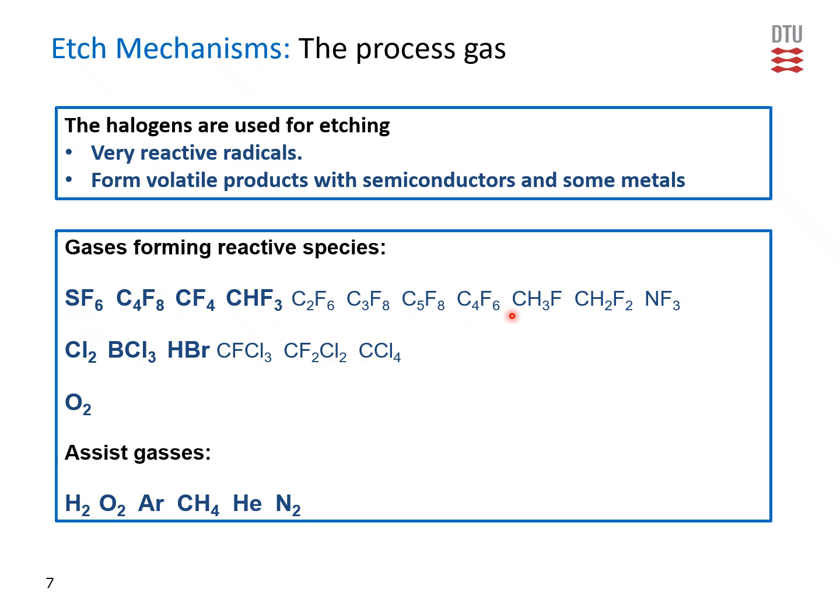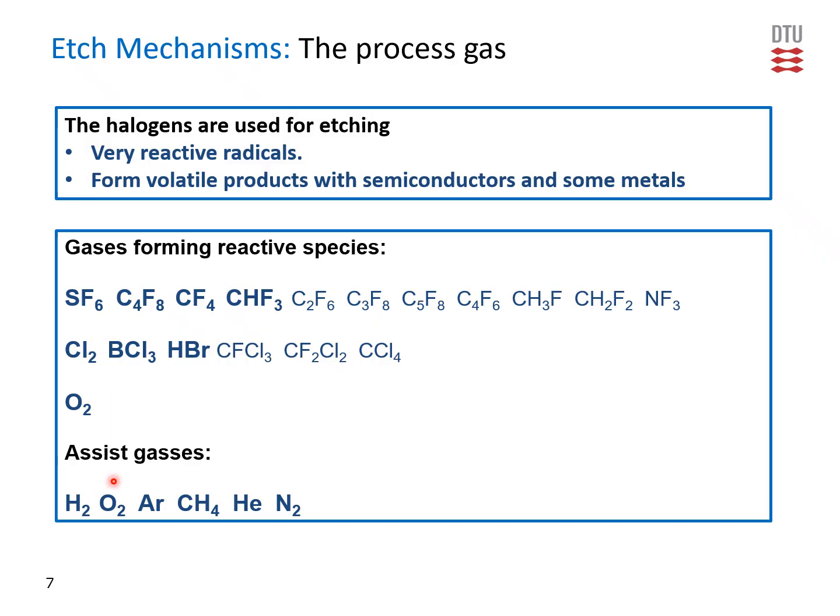There's a long list of gases containing fluorine, and we only have these 4 here. And there's a shorter list containing chlorine and bromine. These are the ones that I could find, and we only have these 3 here. Then we have oxygen, which is good for etching polymers and, for example, for stripping resists.